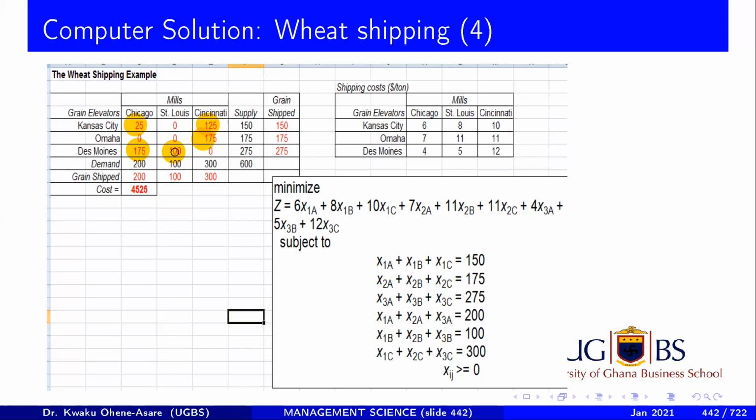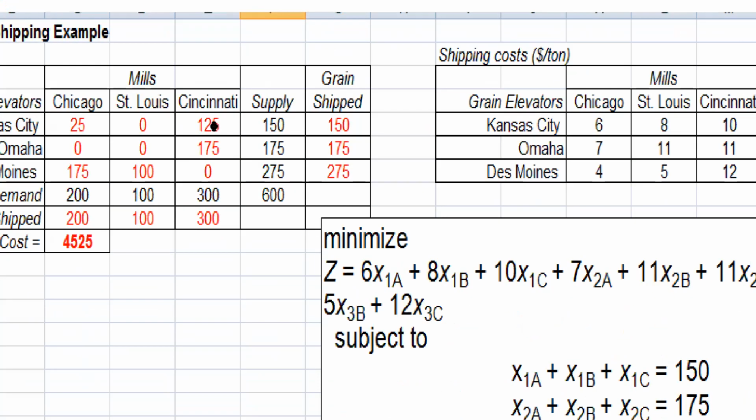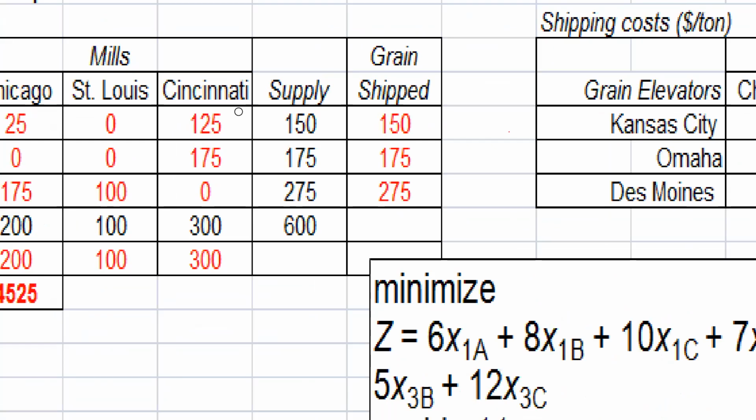And when you do that, you can now pick those values. 25, which is X1A or X14 in your case. So you multiply this 6 by that value, 25. If you look at this 125 here, that 125 is X1C or X16 that we have.